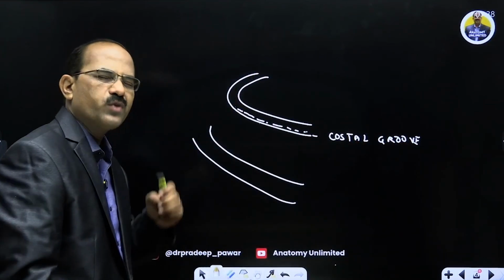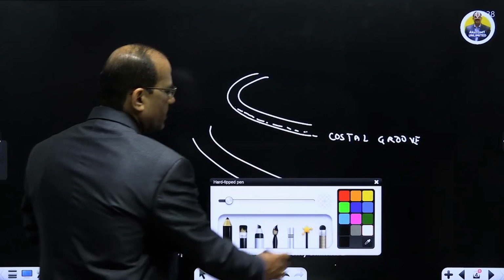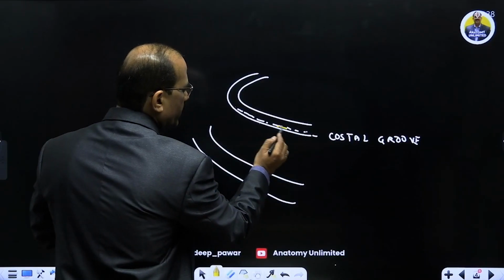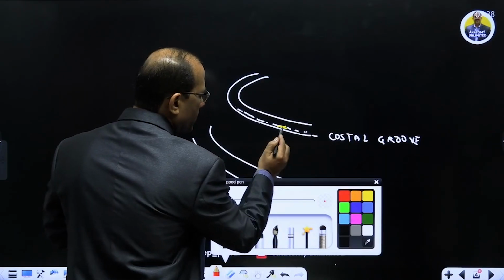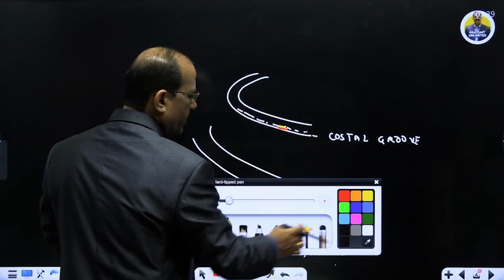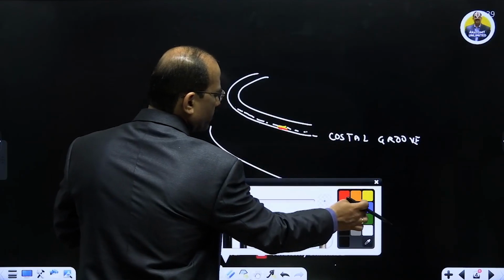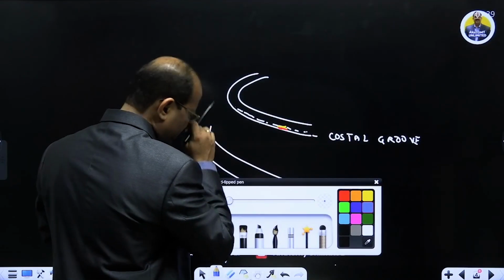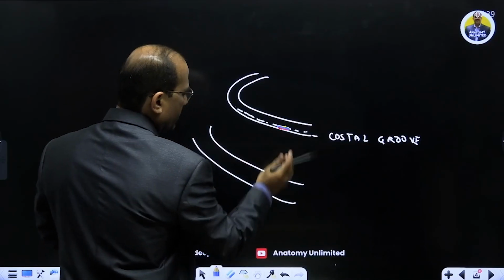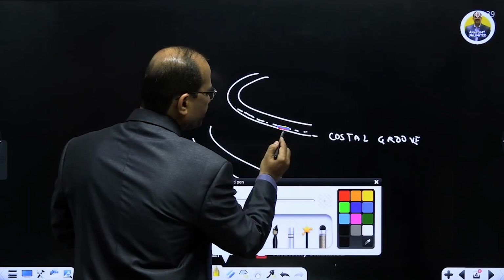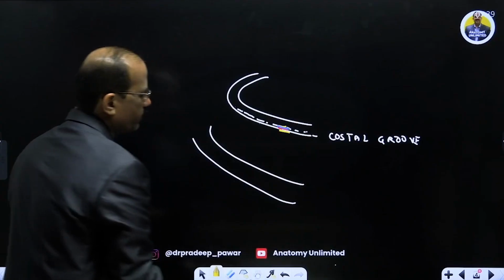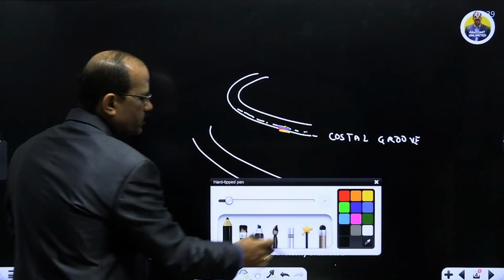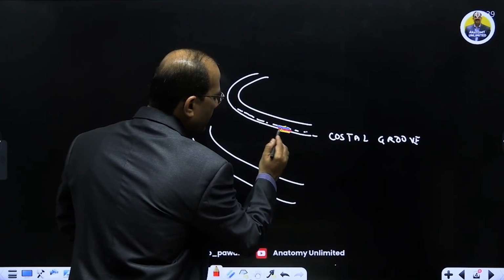And how are the structures arranged in this costal groove? The structures are arranged as vein, artery, and nerve. So these are the structures in the intercostal space: the vein, the artery, and the nerve.